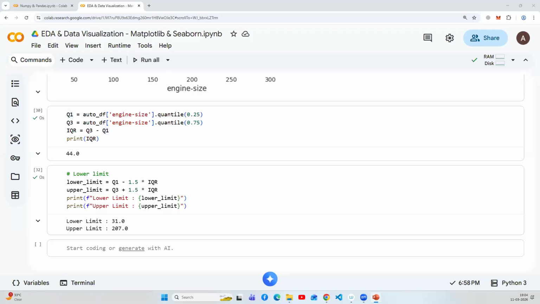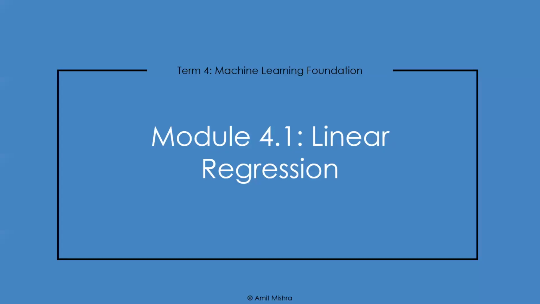Let's start with our linear regression model.